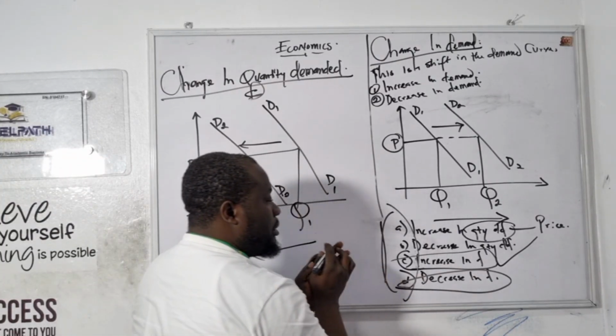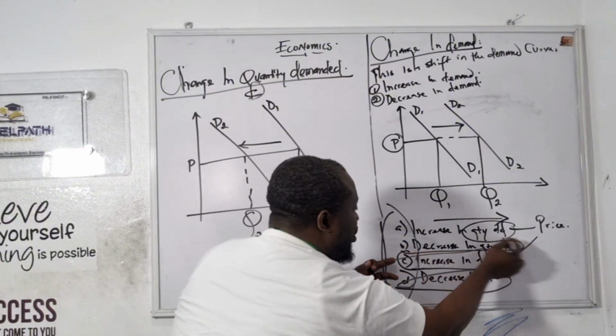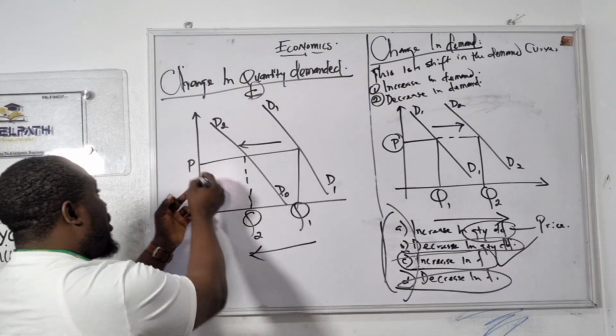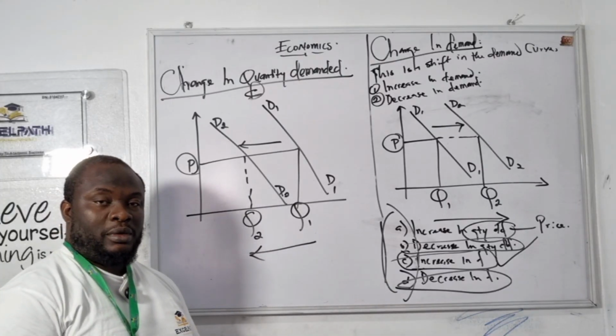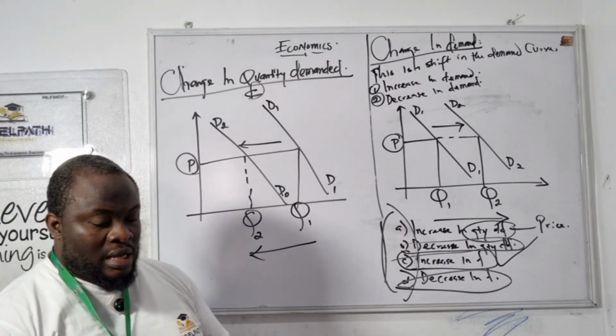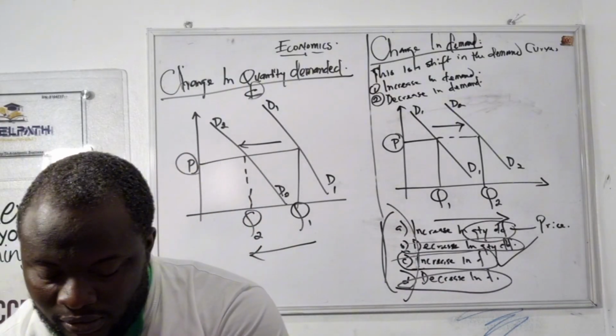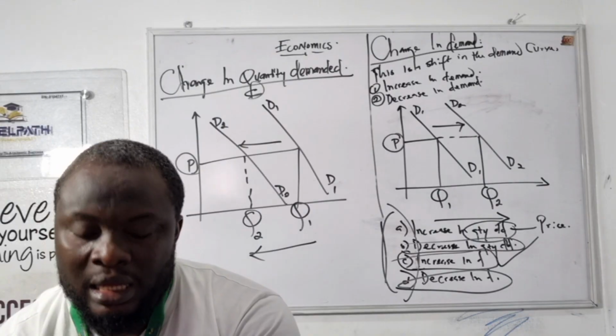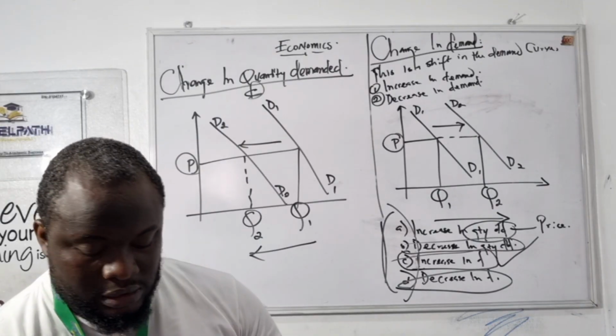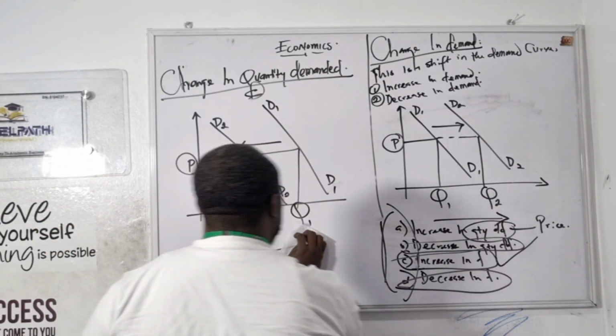Decrease in demand, not decrease in quantity demanded, because your price is not affected. Am I communicating? Because the price is not what? Affected. So that is that concerning change in quantity demanded and change in demand.